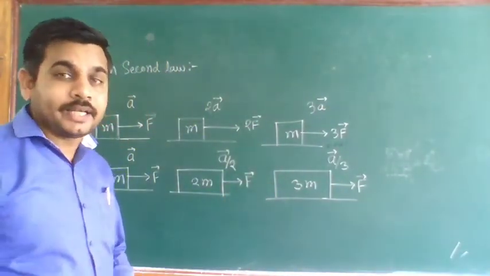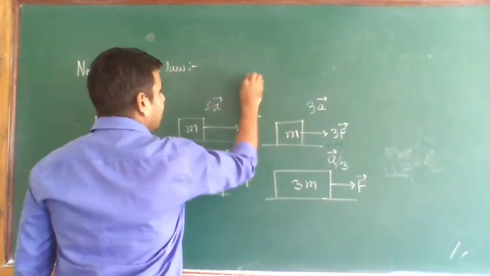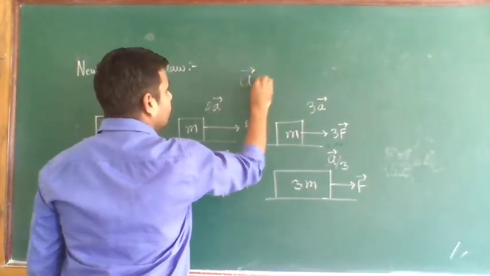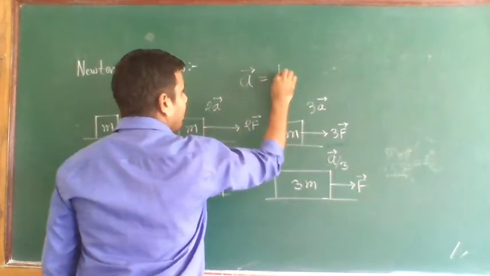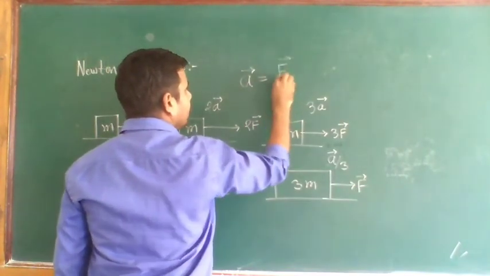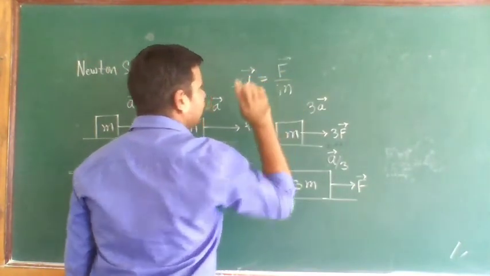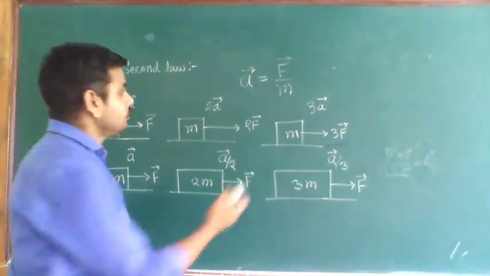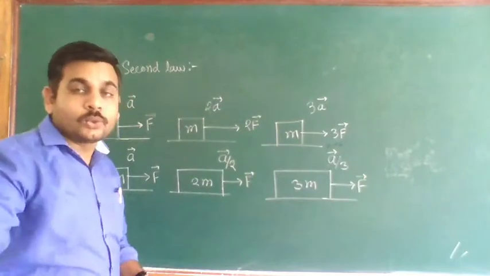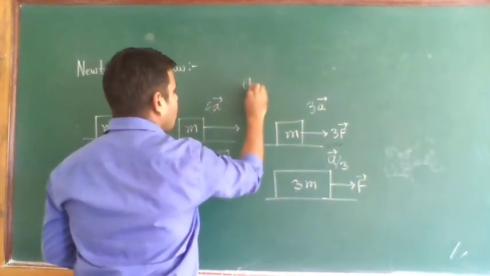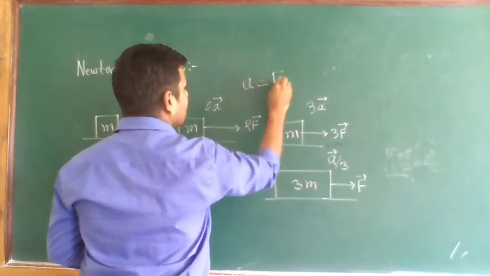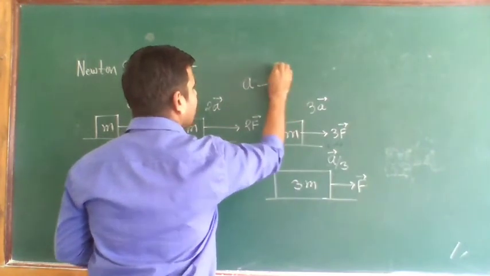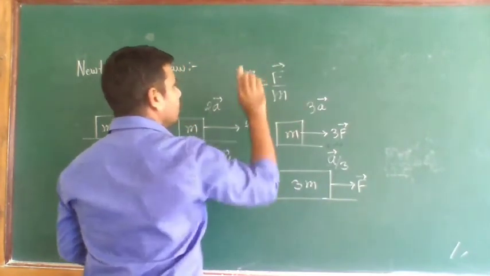So from both the observations, we can write A is equal to F divided by m. So from this we can say that A is equal to F by m.